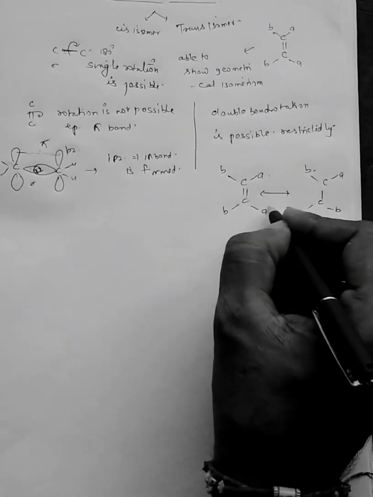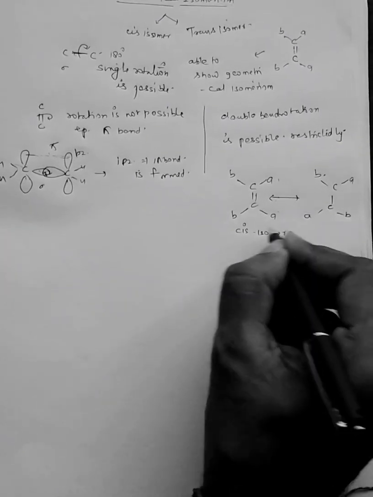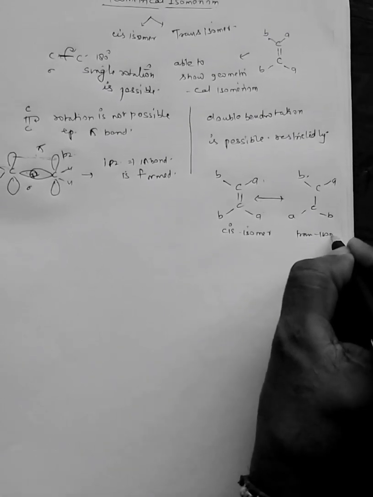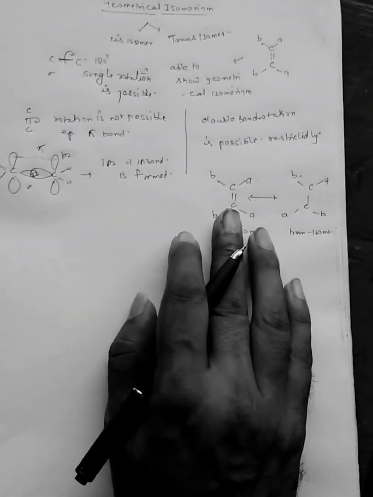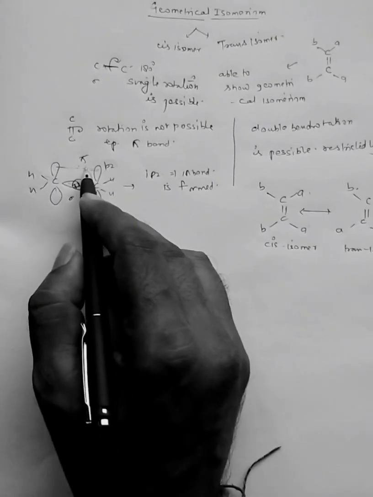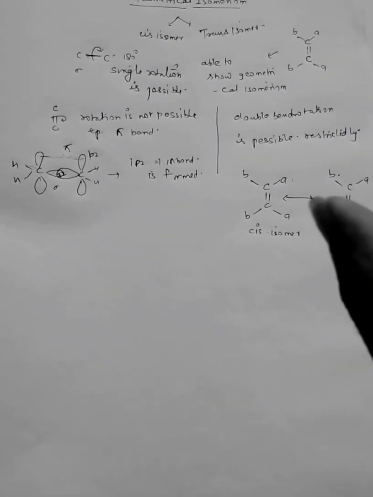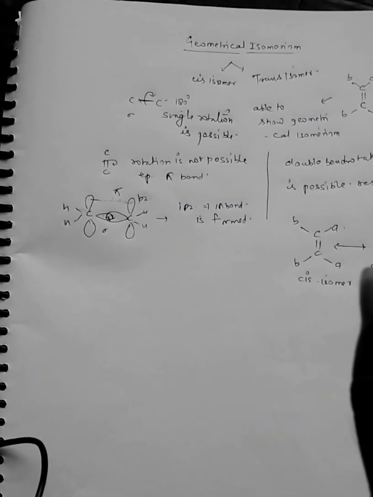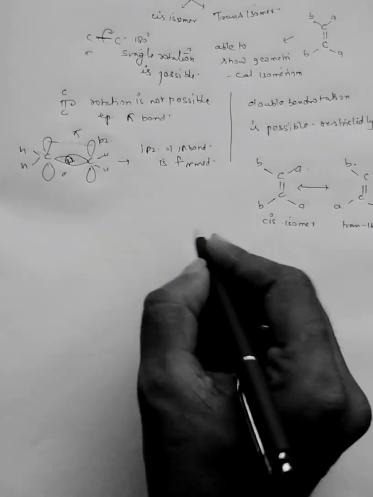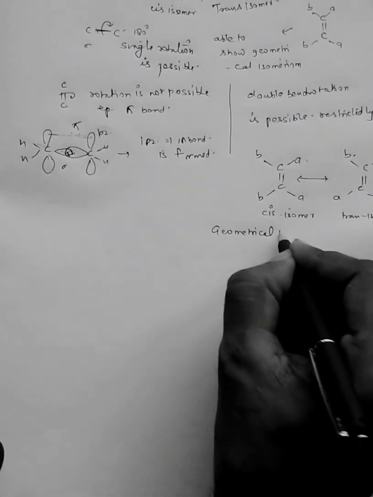So when these two groups are on the same side, this isomer is called the cis isomer and the other isomer is called the trans isomer. Restricted rotation is possible around the carbon-carbon double bond due to the pi bond. If any compound contains a pi bond, you cannot rotate the carbon-carbon bond. Such a type of isomer is called a geometrical isomer.